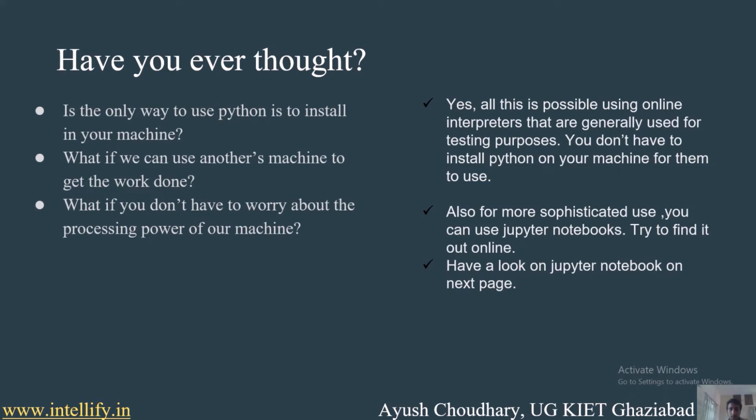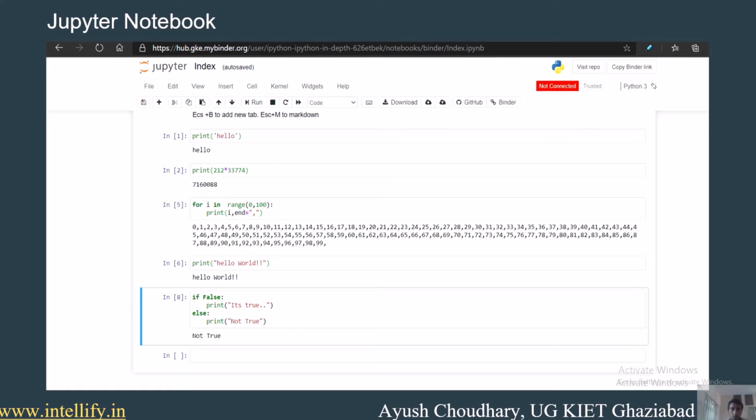One of my most favorite online interpreters is Jupyter Notebook, and you can see here the interface of Jupyter Notebook. The wonderful thing about it is, first, that you can use it online without installing Python on your system.